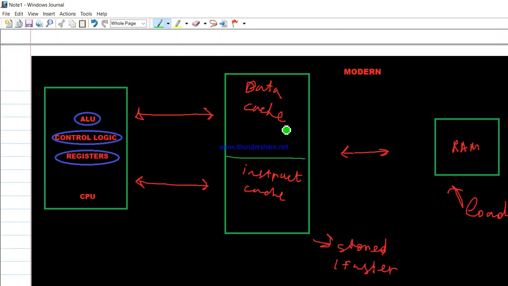Modern computers found a compromise. What they did is that they combined the features of both von Neumann and Harvard architectures. So they have only one memory bank, which is quite similar to von Neumann. But you load information from this bank to the cache, which is a fast memory.